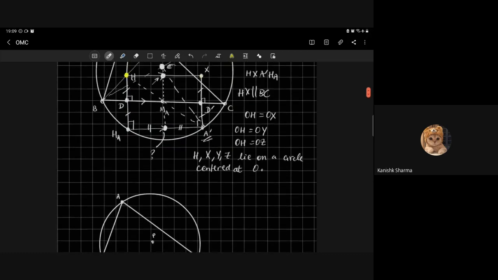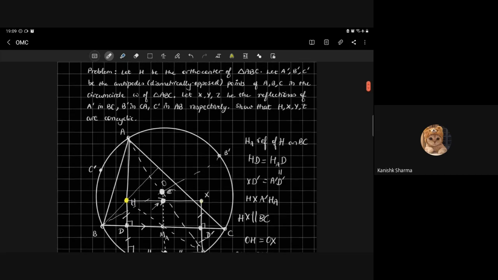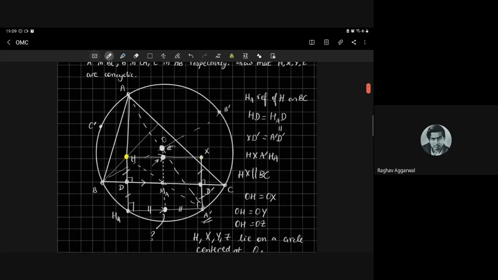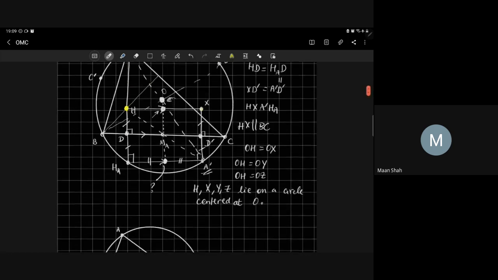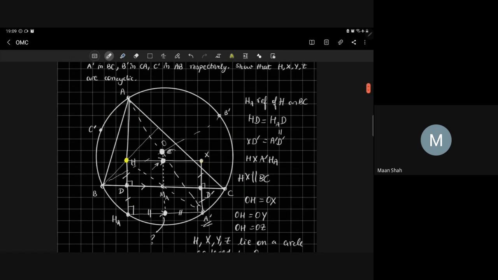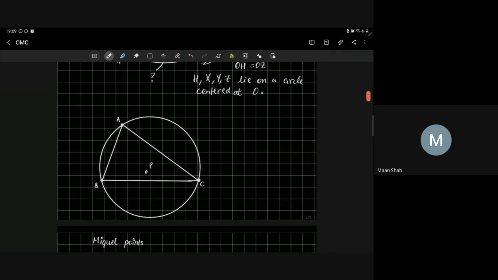Just take a screenshot of this problem. I just solved this one and I'm trying to generalize this. So instead of O, I'm taking another point P. In what ways can you generalize these points A prime? I have two ways of generalizing.